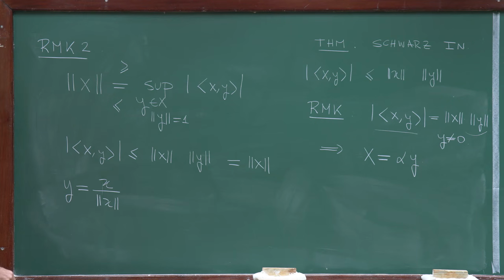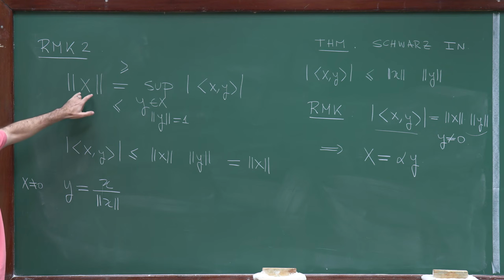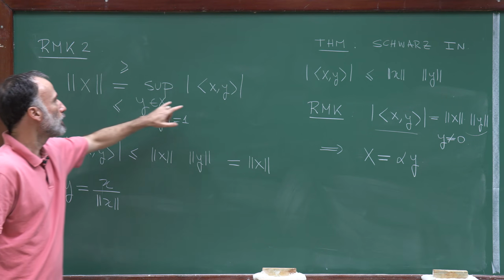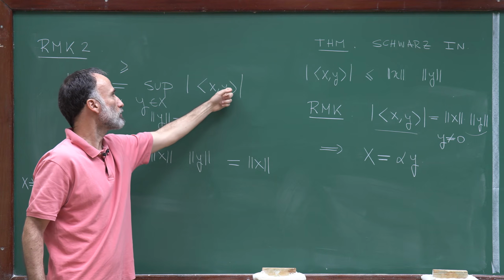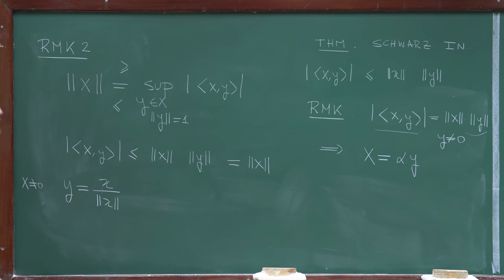Right? And here again, I'm assuming that x is different from 0, so that I can divide. If x is equal to 0, this identity is clear because the norm of x is 0, and this supremum is equal to 0 because all terms, if I take y scalar product with 0, are always 0. So if x is different from 0, I can take y to be equal to x divided by the norm of x.